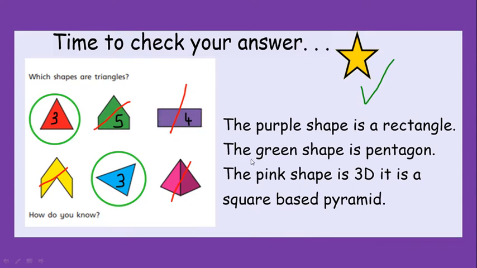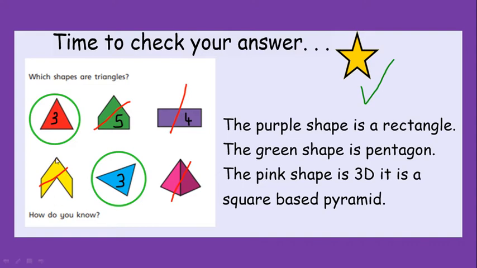Then I've put the green shape, so this shape here is a pentagon, and it has got 1, 2, 3, 4, 5 corners and 1, 2, 3, 4, 5 sides. And then this beautiful sort of fuchsia pinky purple shape here is the 3D shape that I was talking about earlier, and it's actually a square based pyramid.